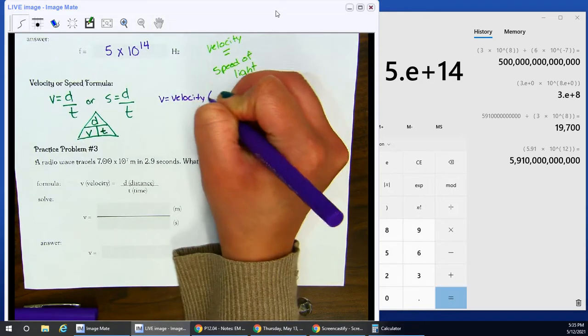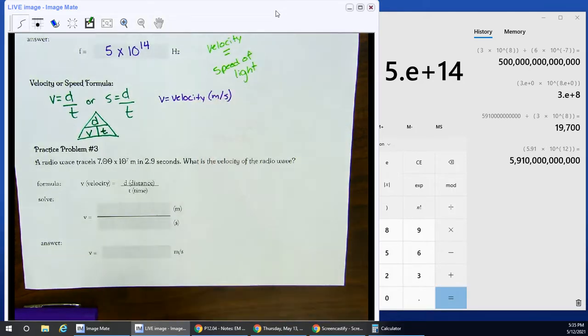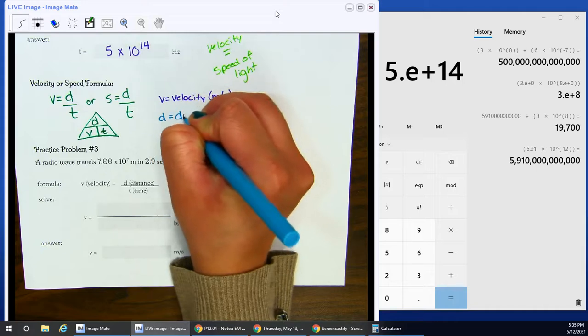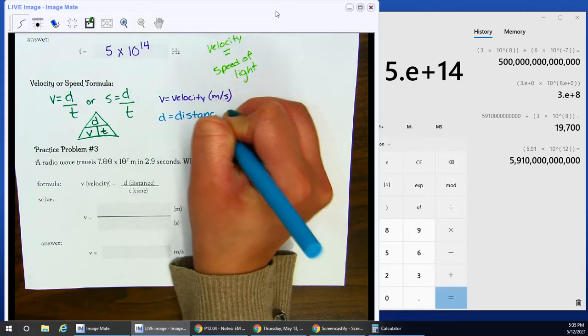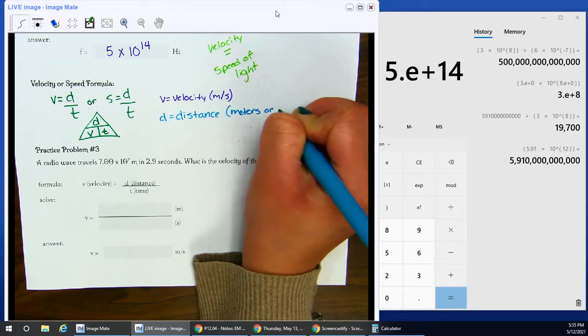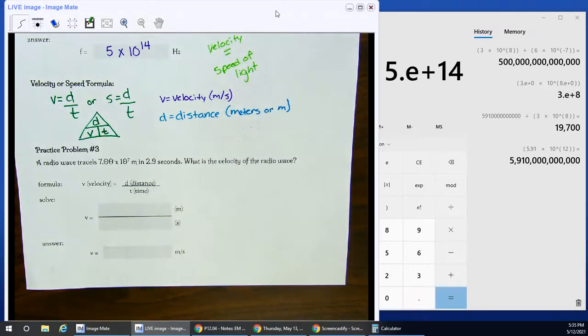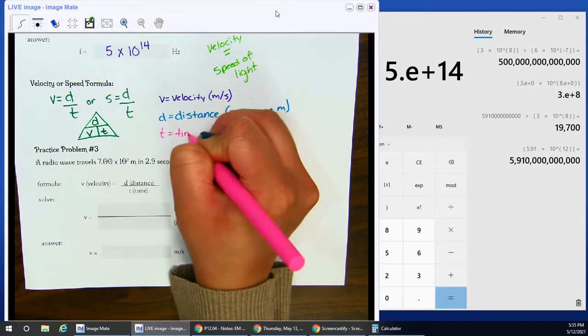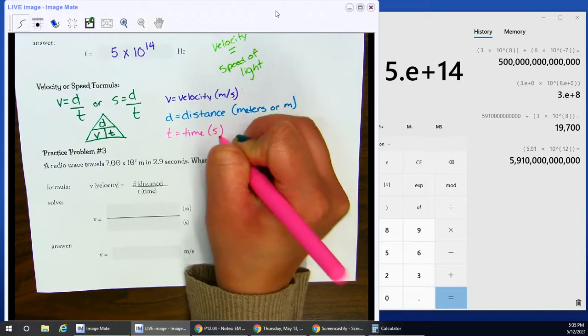Again, that's measured in meters per second. D equals distance. That's going to be in meters or M. And then we have T equals time, and that's measured in seconds.